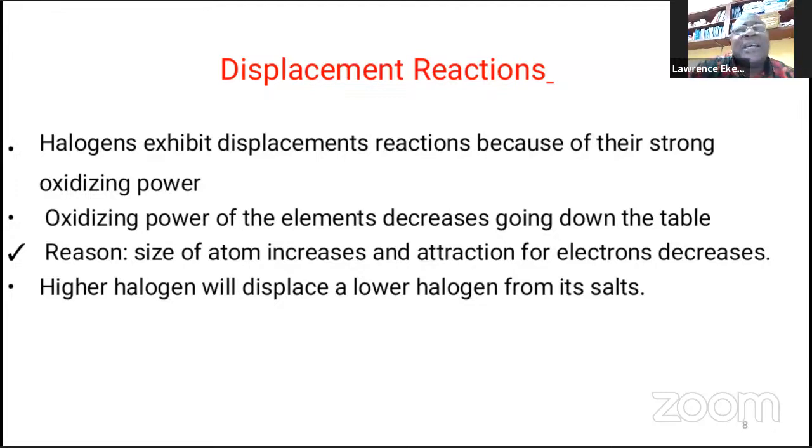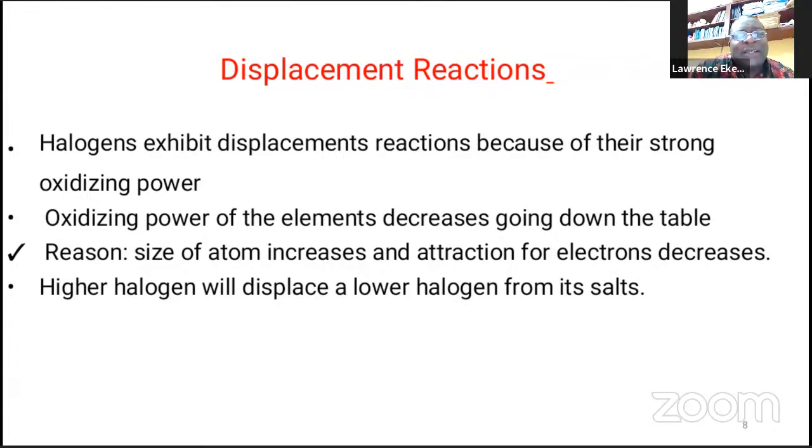The reason is that the ability to act as an oxidizing agent decreases as you go down the group. And the strength of this oxidizing power decreases down the table.